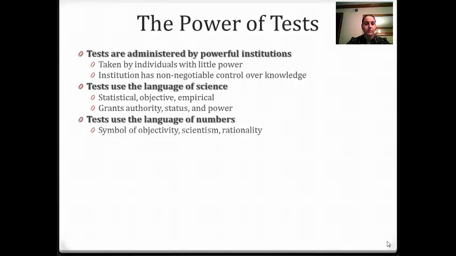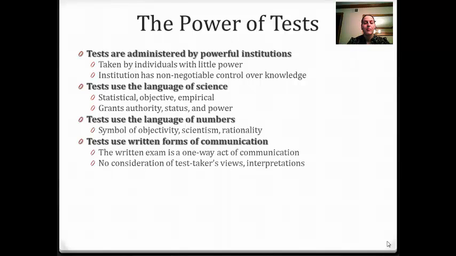It also is a test that uses the language of numbers, right? So objectivity, scientism, rationality. It's a written form of communication, which means that the written exam is a one-way test of communication, right? There's no way that students taking the test can be more subjective in their answers. And so there's not really a consideration of the test taker's views or interpretations of what they mean.